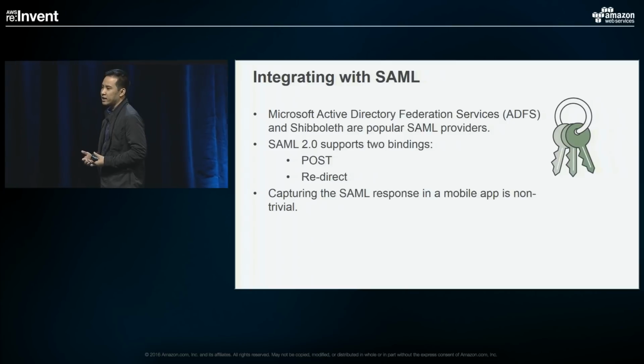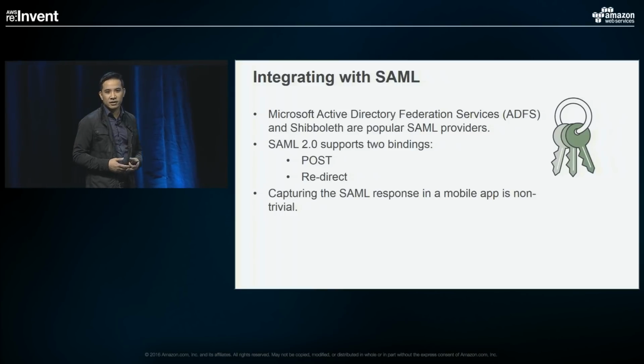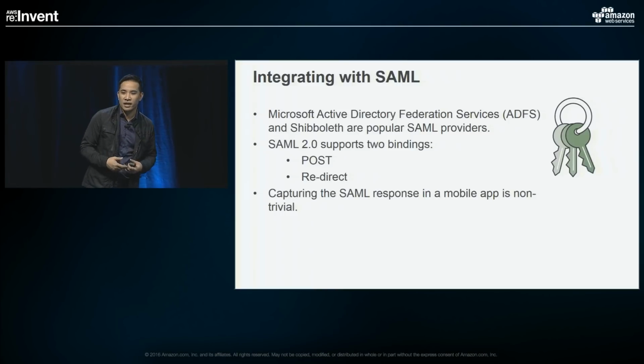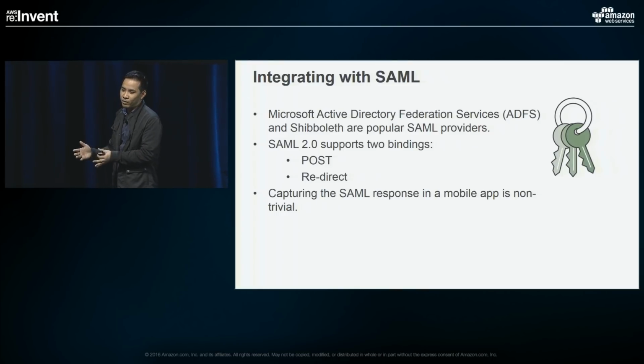So in an enterprise setting, you're going to have an identity provider, typically Active Directory or OpenLDAP, and then the SAML provider, such as ADFS, Active Directory Federation Services, or Shibboleth. And the fact of the matter is, the SAML 2.0 spec was ratified back in 2005, before the first iPhone even launched.